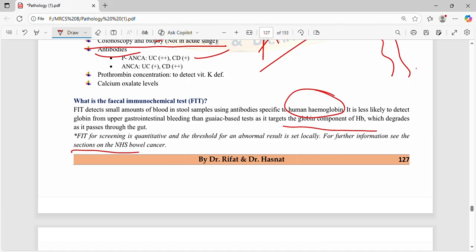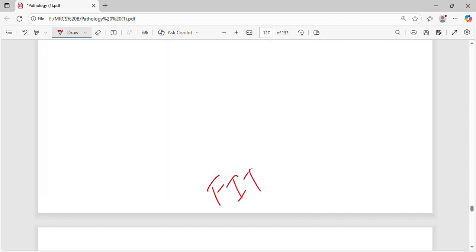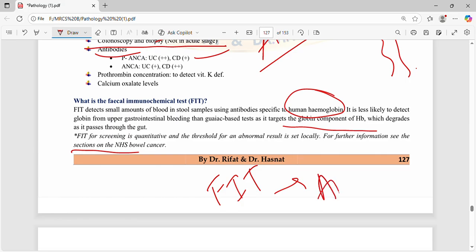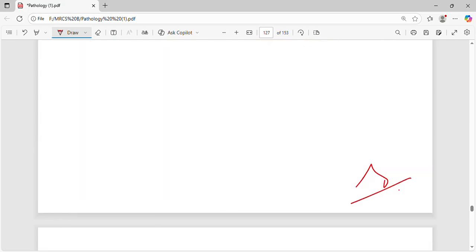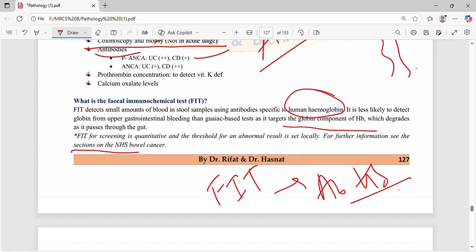But remember that the fecal immunochemical test uses antibodies against hemoglobin, mainly the globin part.